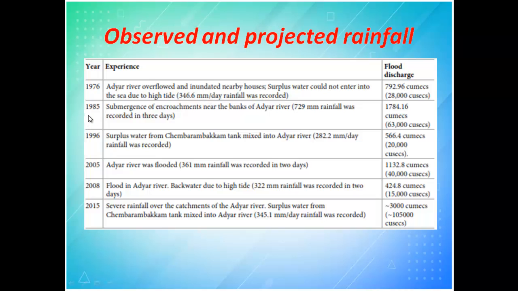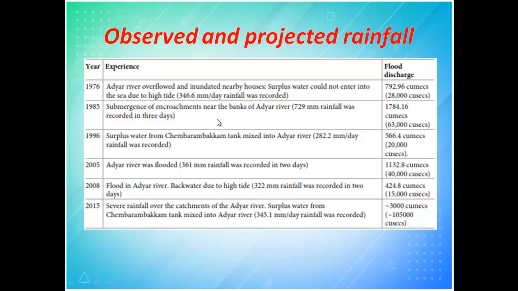In 1985 it was 729, and then in 1996, when surplus water from Chembarambakam tank mixed into Adayar river, around 282.2 mm per day rainfall was recorded. In 2005 it was 361 mm, in 2008 it was 322, and in 2015 it was around 345.